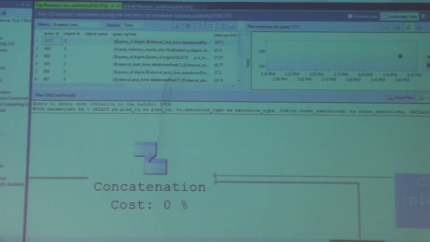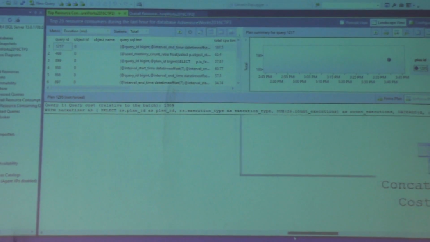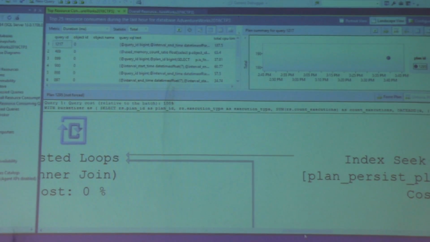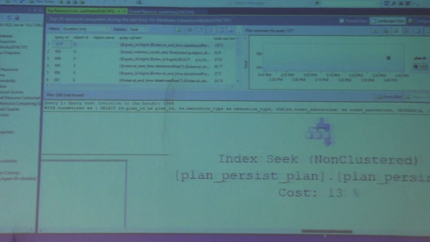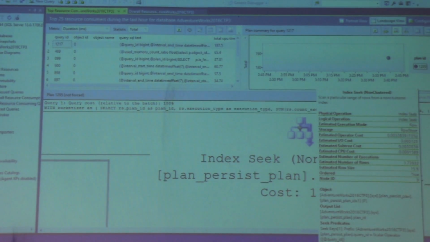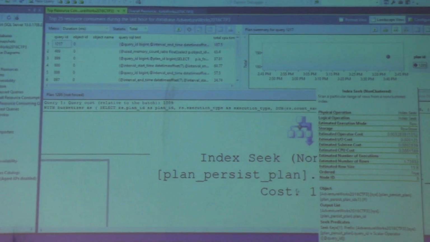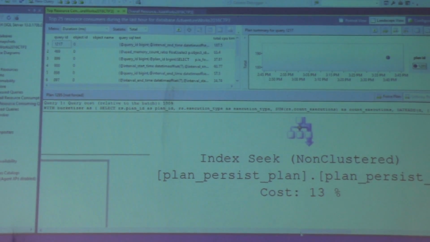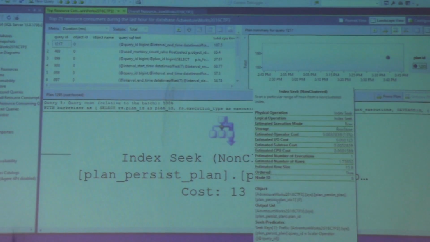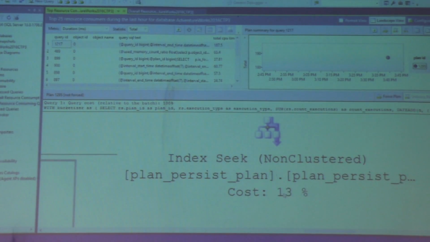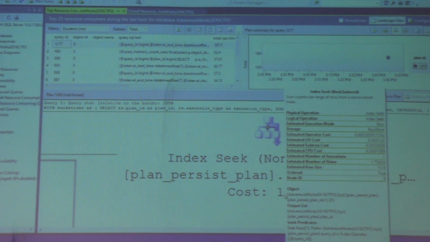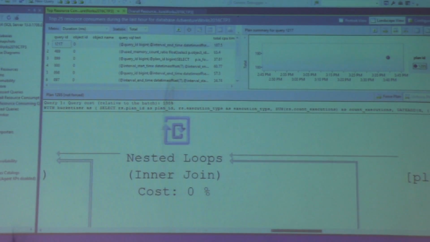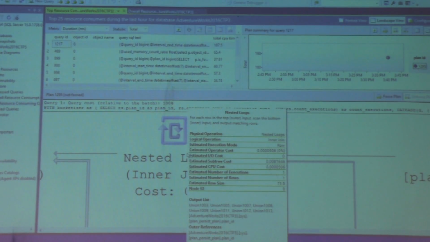Okay. So then we use concatenation. Then we had another index search. The index was not clustered. So these are the tables and so on. What was the cost? 13% of time. What happened next? Nested loops, inner join.